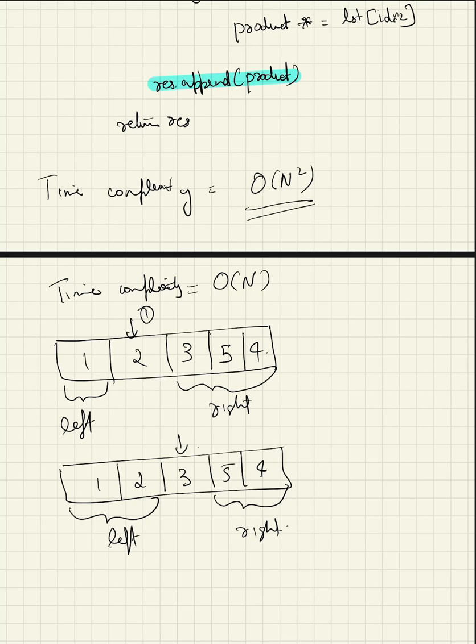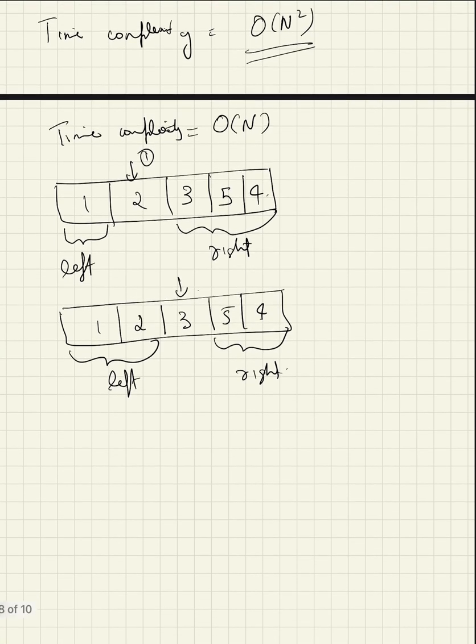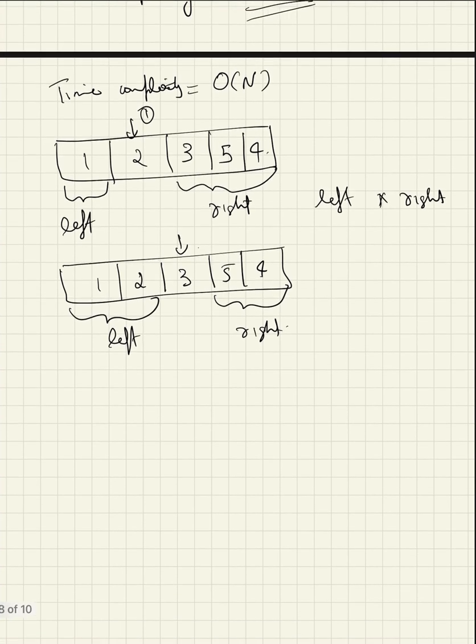I think you can see a pattern here: the left and the right are always either growing in one direction or reducing in the other. The final product is left times right. So you can take the product of all the elements on the right and multiply with all the elements on the left, and you will get the final product. Using this idea, we can take a shot at this problem.